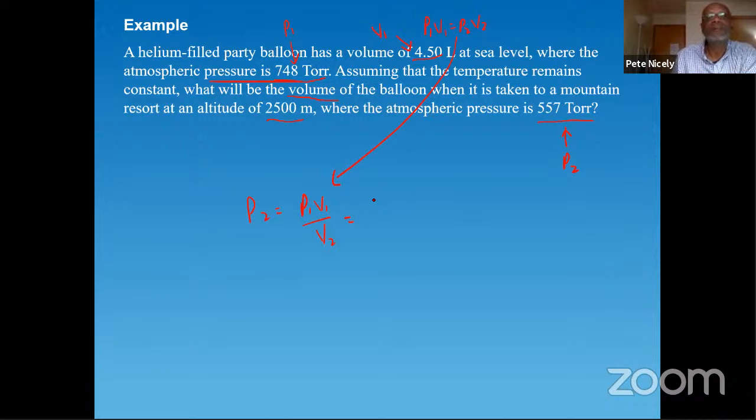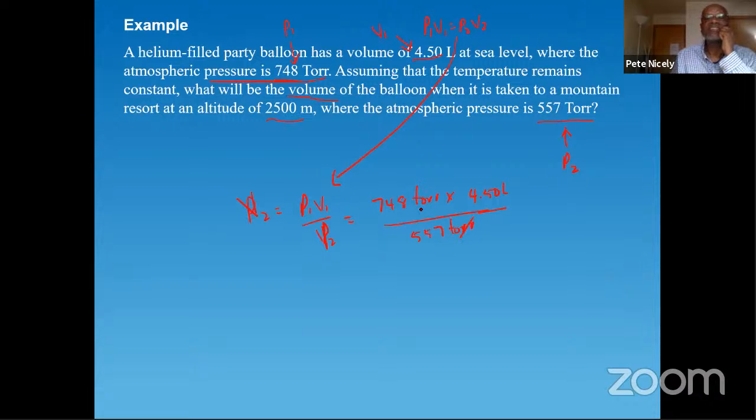So P1 is equal to 748 torr times V1, which is 4.50 liters, divided by V2. I'm sorry, this should be V2 here, and this should be P2. So divide by P2, which is 557 torr.